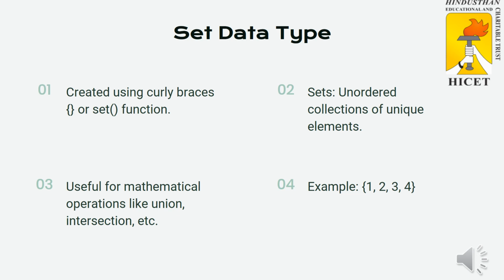The example to create is curly braces 1 2 3 4, right? And it is represented in curly braces. So in curly braces, if the key and the value are represented, then it is considered as a dictionary. If only values are represented, then it is considered as a set.